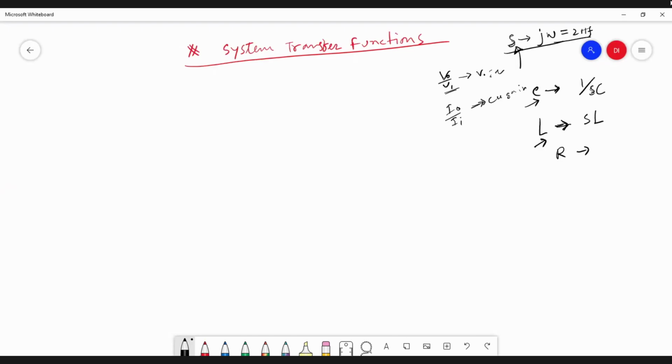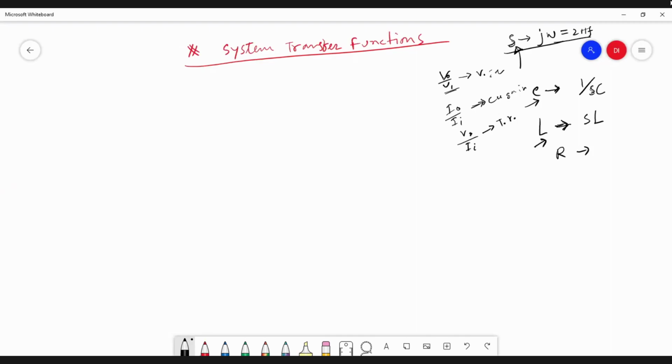Or sometimes V output by I input, which is called the trans-resistance function.